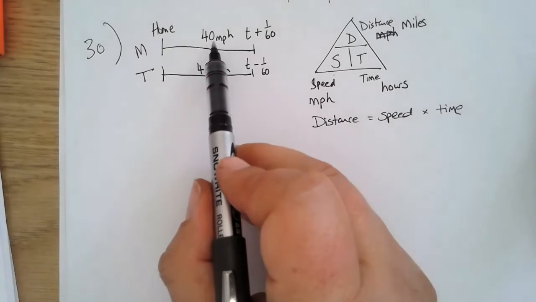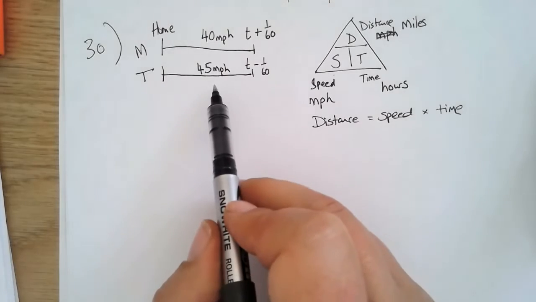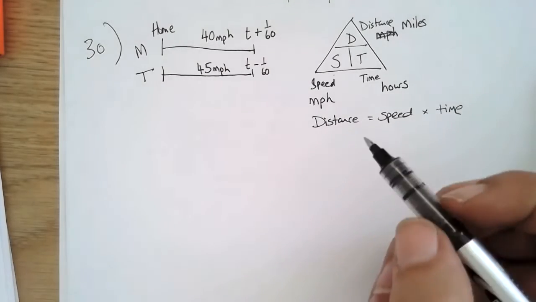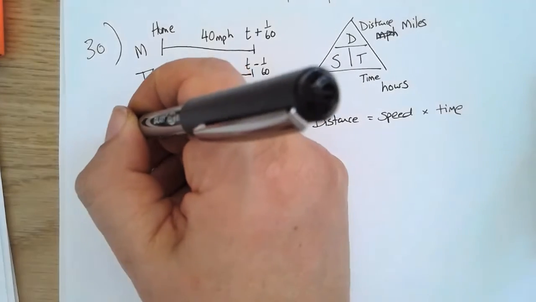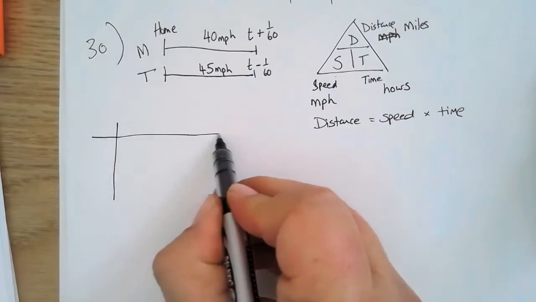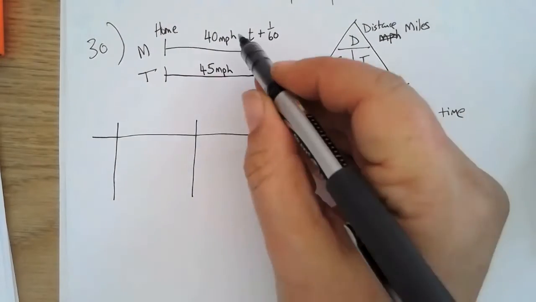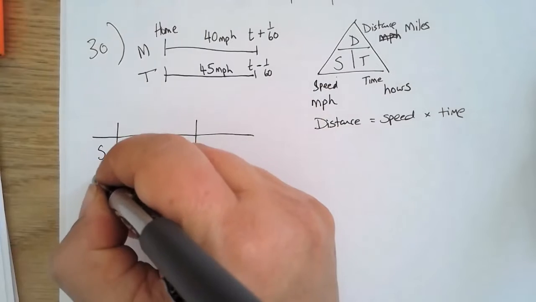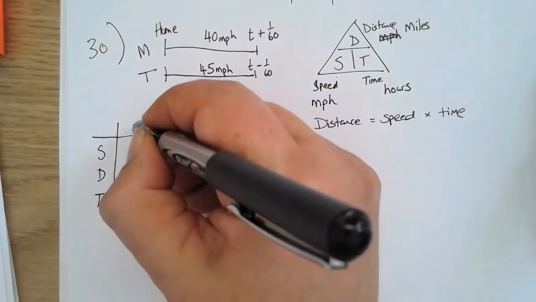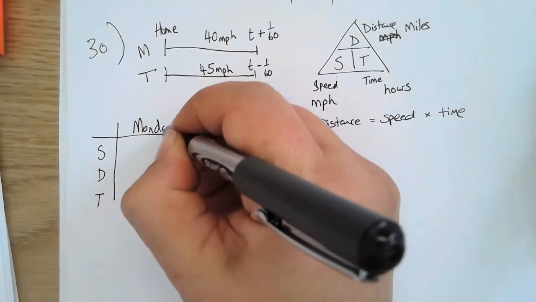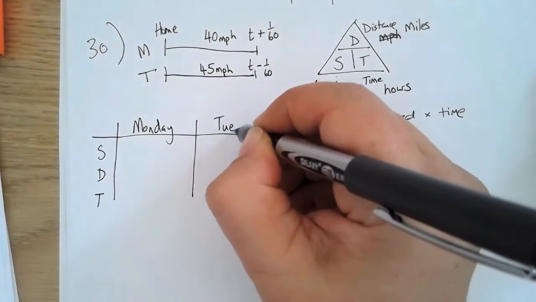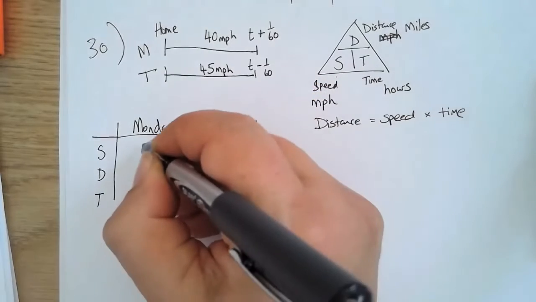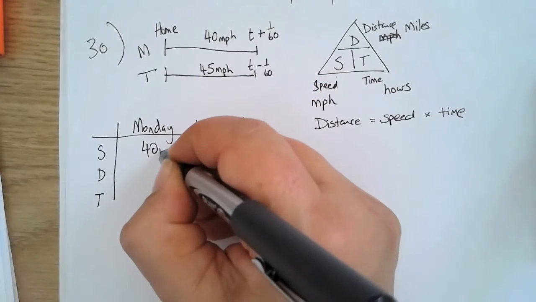That's how you might remember it. The distance travelled will be the same on Monday and Tuesday, and that's worth knowing. These sorts of questions, I tend to draw a table. It helps me to collate all that information. Sometimes a drawing is enough, but there's just not enough for me to work with there to be able to see it clearly. So this is 40.